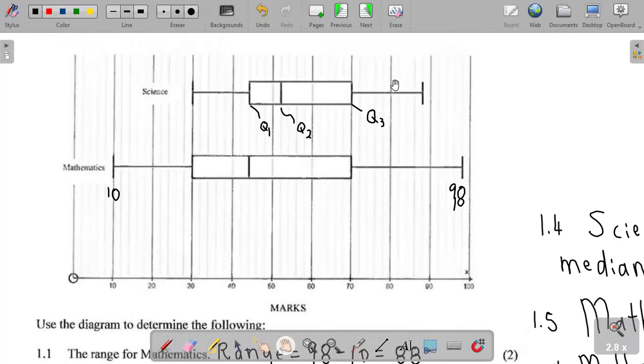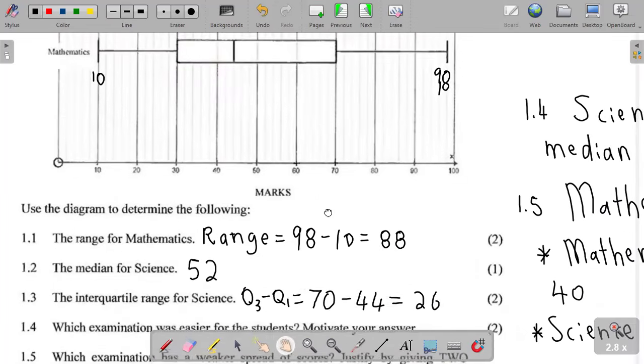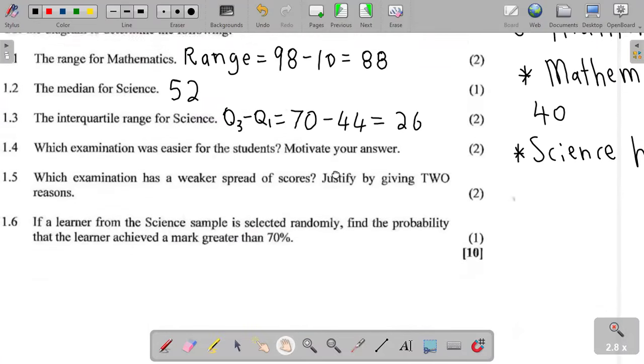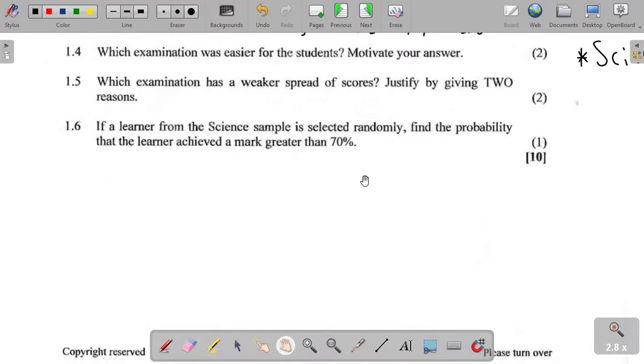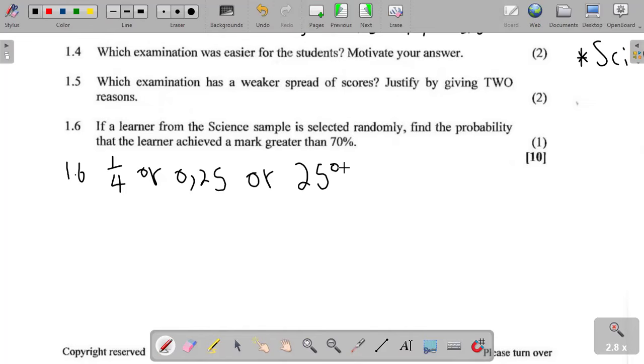Greater than 70% is higher than Q3, meaning it's the last quarter of the data set. One quarter is 25%. So for 1.6 we can say 1/4 or 0.25 or 25%. That is the probability that we're going to have here.